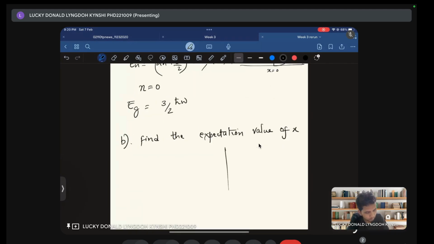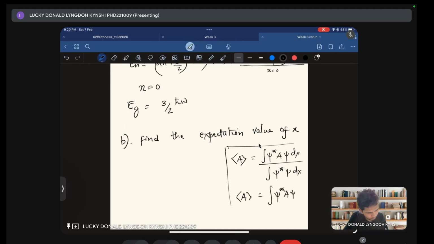The formula for the expectation value: suppose you have any quantity A. If you want to find the expectation value, it is the integral of ψ* A ψ dx divided by the integral of ψ* ψ dx. But if you have a normalized wave function, then you can simply write ⟨A⟩ equal to the integral of ψ* A ψ dx.